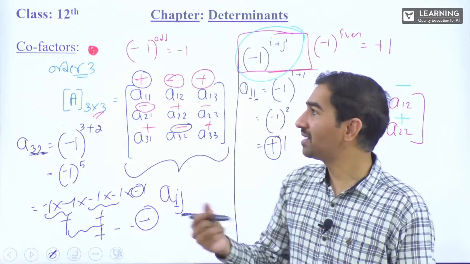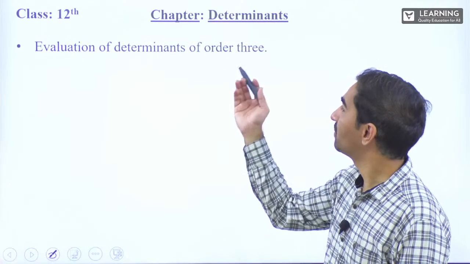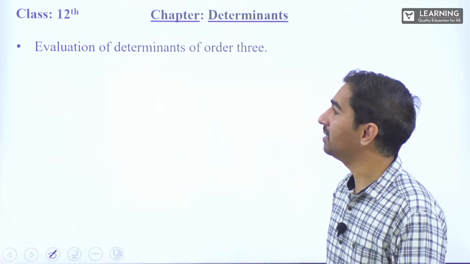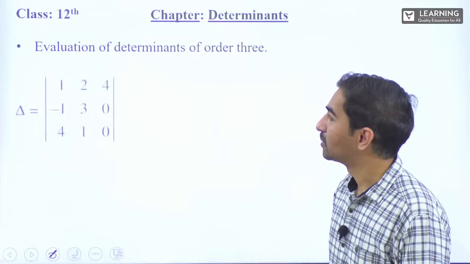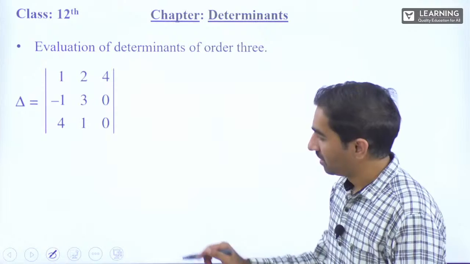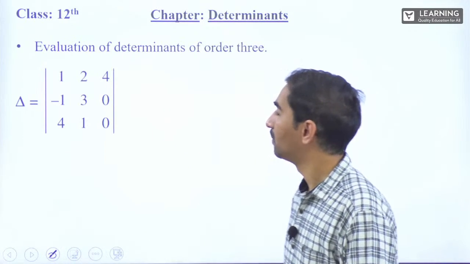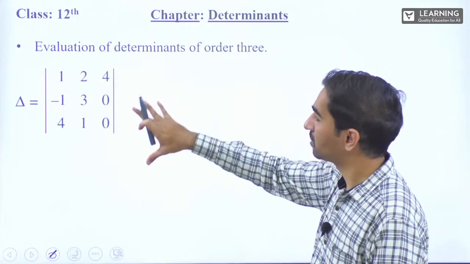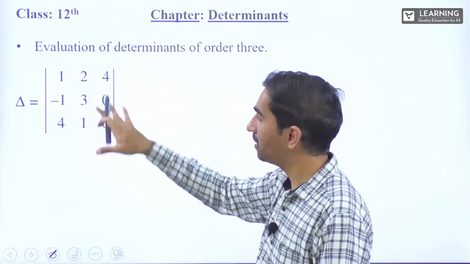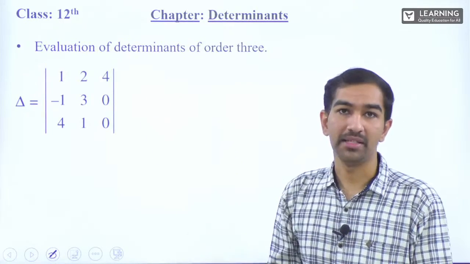Okay. So let us start evaluating 3 cross 3 determinants. So here, evaluation of determinants of order 3. We'll take one example, students. So here is the example. Now, we'll write the cofactors first. No need to write the cofactors of all the elements, only for whichever row you want to expand the determinant with.